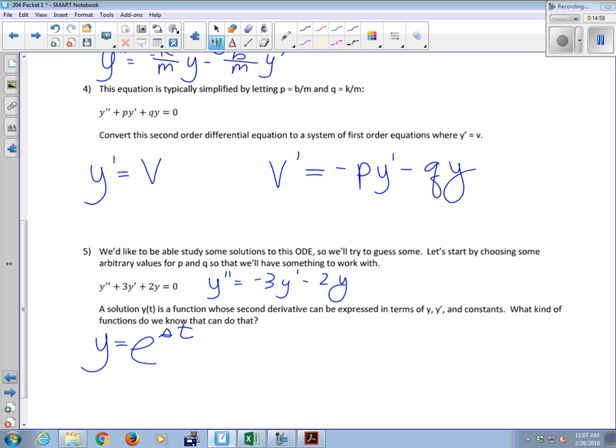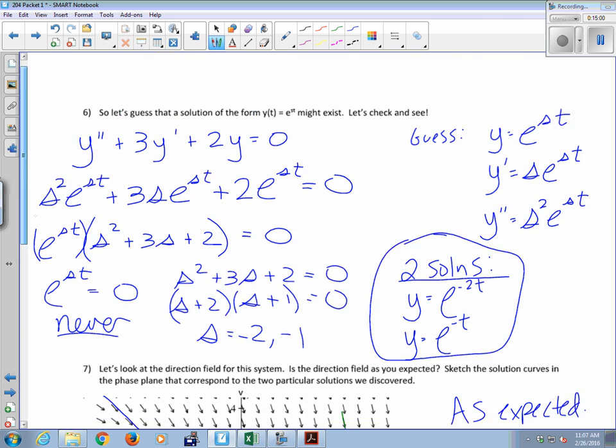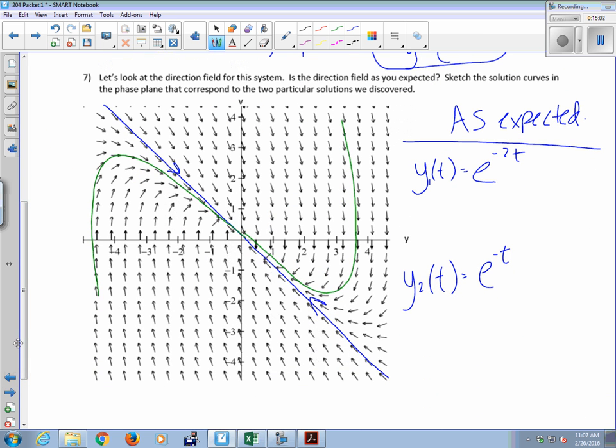I've got position on the horizontal axis and velocity on the y-axis. Time is not really visible here. So my solutions to a system have to have two equations.